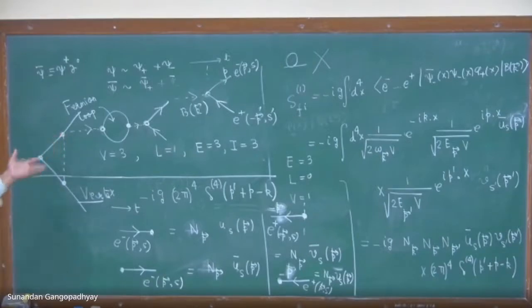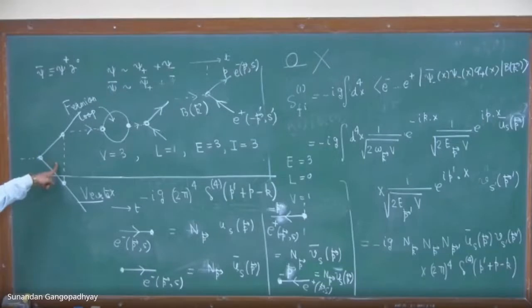It's an exchange that is going on. Without calculating, you can just draw these diagrams. This is also a loop. What is the anatomy? E is 3, loop is 1, vertex is 3. Number of internal lines is 3. Is this a fermion loop?